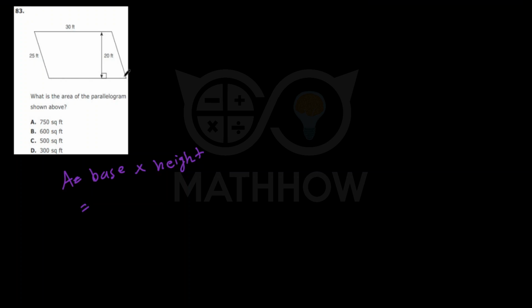This is the base. Since the parallelogram has opposite sides equal, if this is 30 feet, this is also 30 feet. So the base is 30 feet multiplied with the height. This is the height, 20 feet. 30 multiplied with 20 will become 600.